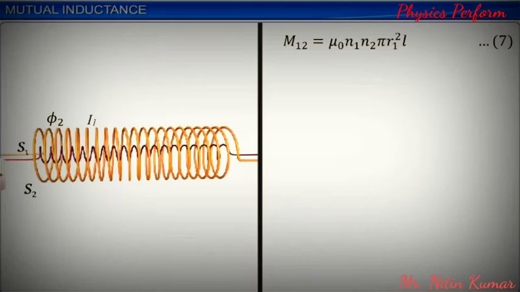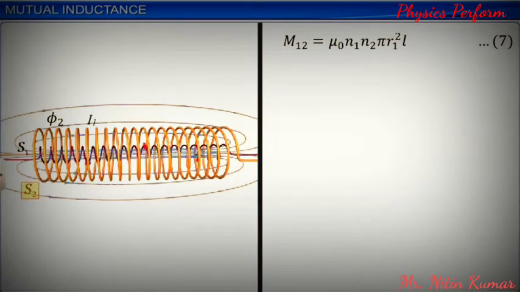Let us now consider the case in which current I1 is passed through the solenoid S1. This current produces magnetic flux, which is also linked with the solenoid S2. Let the magnetic flux per turn linked with solenoid S2 be phi2.